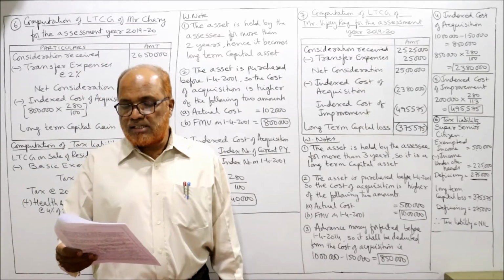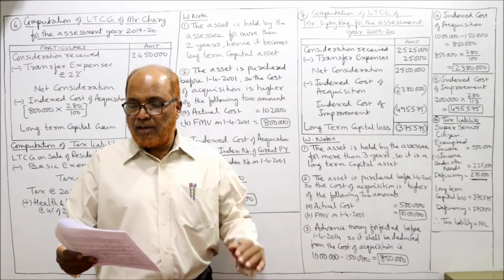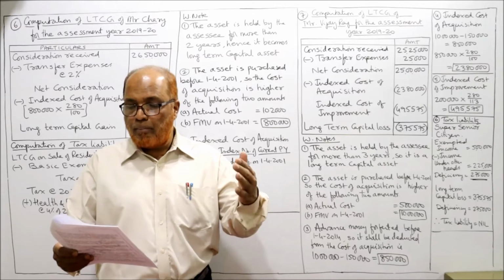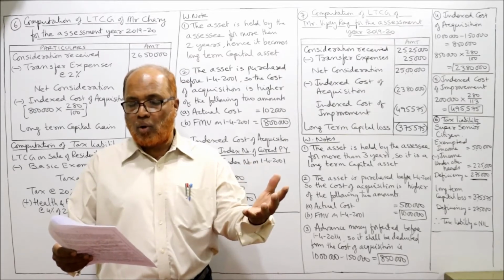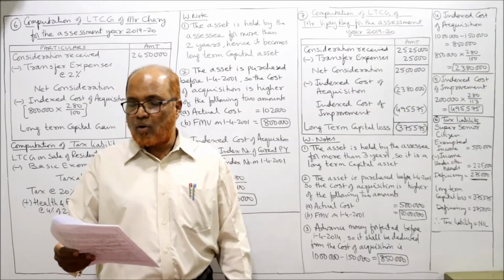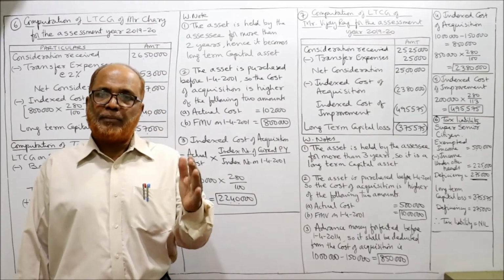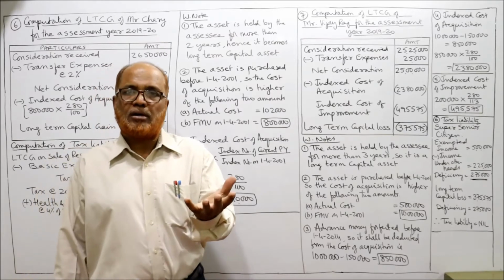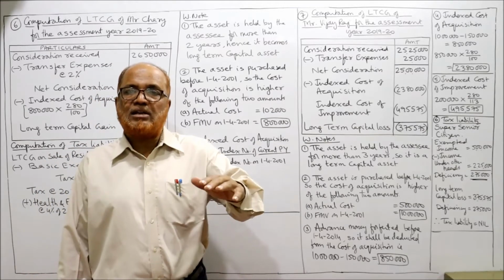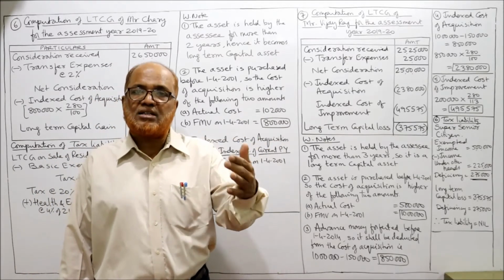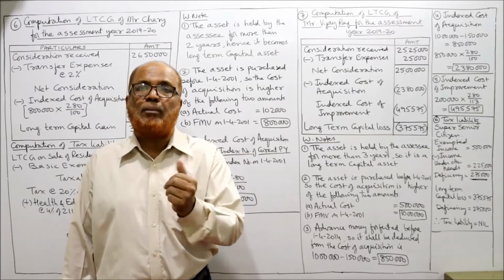Then on 16th January 2005, he ordered to make an ornament of the gold by spending 2 lakh rupees, cost inflation index 113. Initially, in the beginning, he purchased gold. Later on, he gave an order to convert that gold into ornaments.